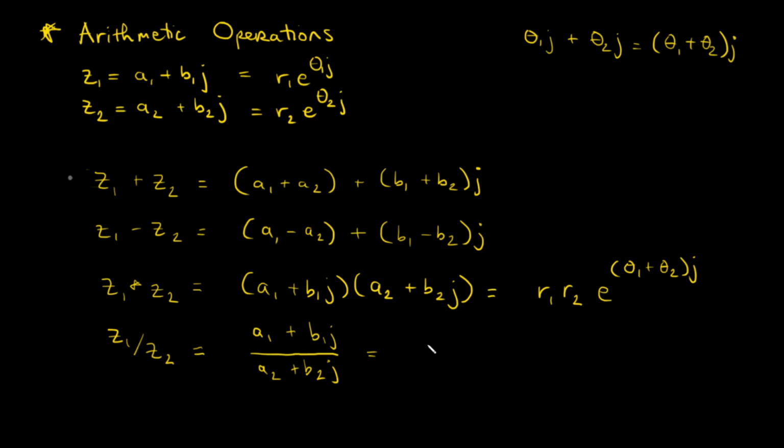But if you use polar, you don't need to do that. So r1 divided by r2, and then e to the theta 1j divided by e to the theta 2j, and if you simplify it, you get r1 over r2 times e to the theta 1 minus theta 2 times j. Depending on how complicated your complex number is, you use Cartesian or polar in order to perform arithmetic operations.